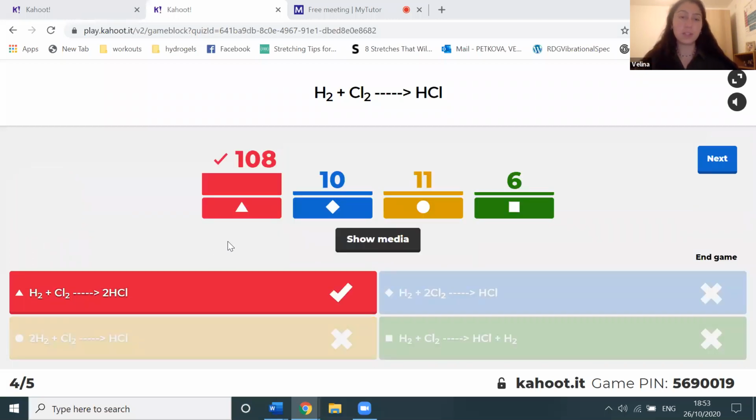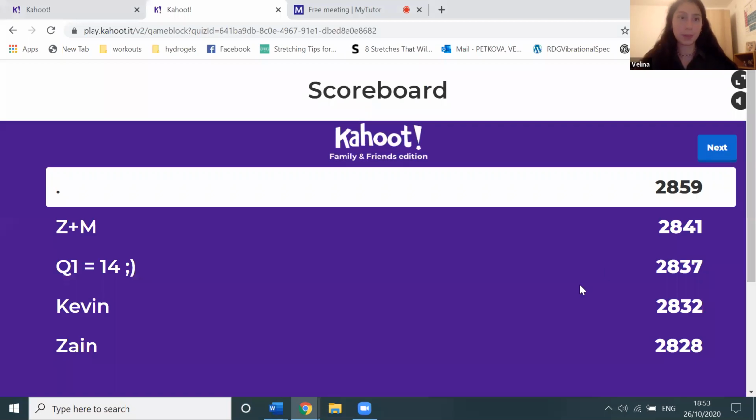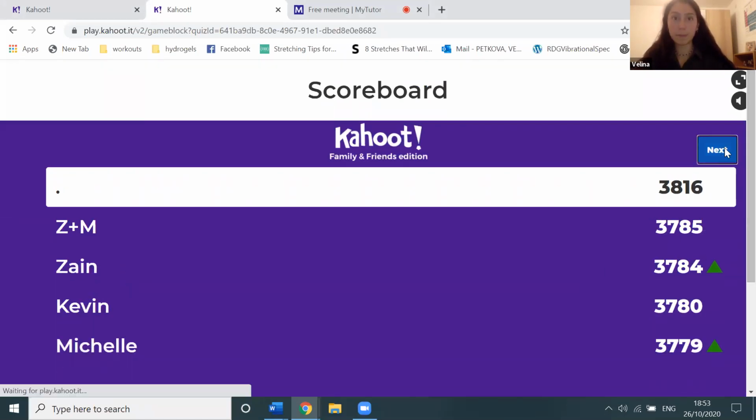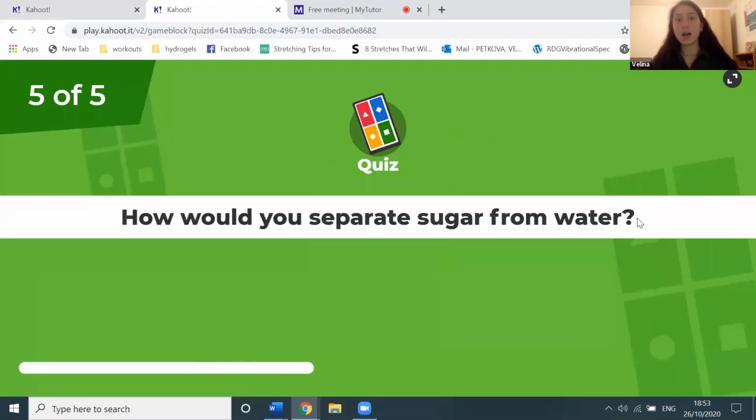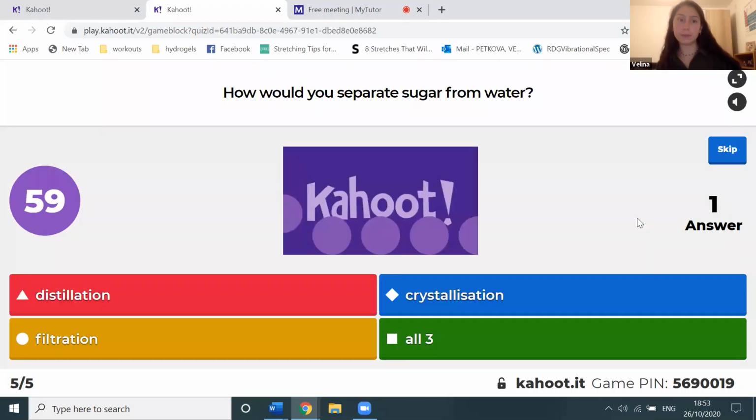Well done. That's really good. Great effort. Oh, well done. The dot stayed at the top. And then the last question. How do you separate sugar from water?